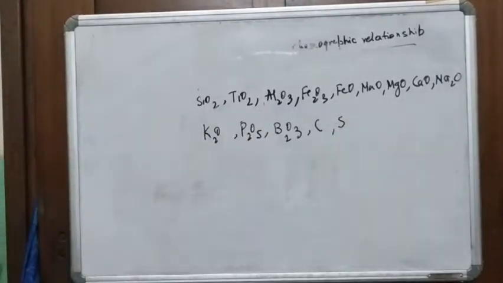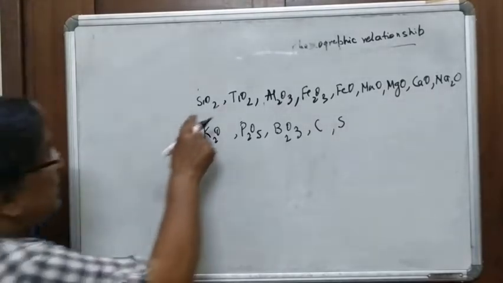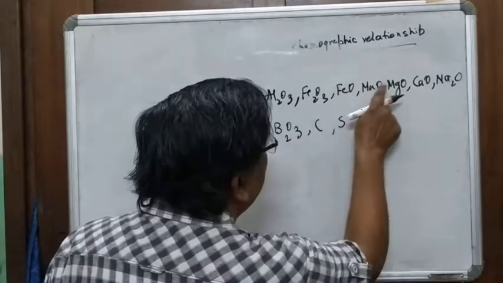Is there anything else left? How many elements? 1, 2, 3, 4, 5, 6, 7, 8, 9, 10, 11, 12, 13, 14, 15.